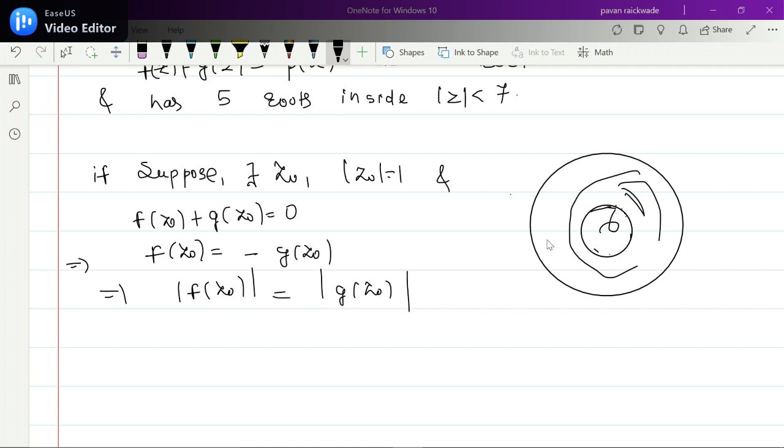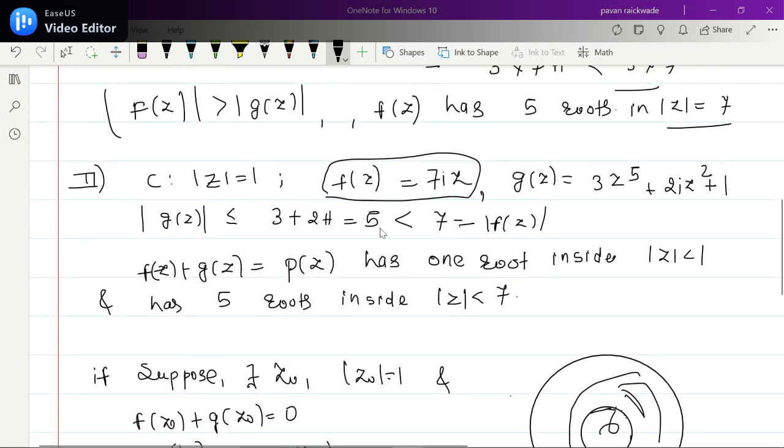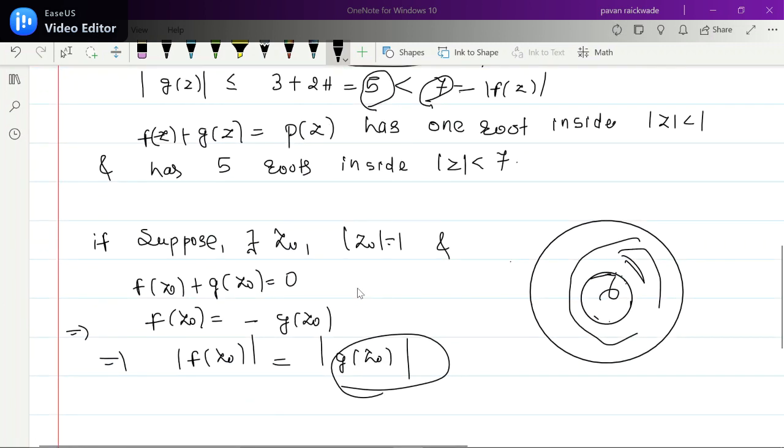But on mod z equals 1, this is never possible because we know the maximum modulus of g is 5, and modulus of f(z) is straight away 7. So they cannot be equal at any possible value of z0. So this is not possible.